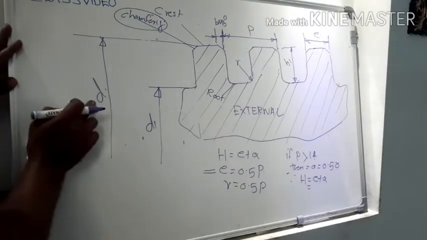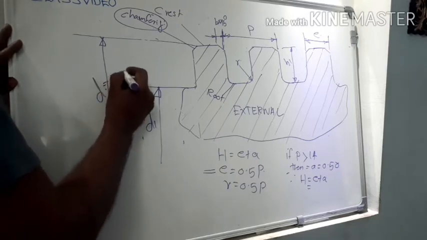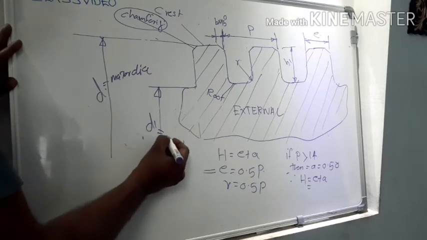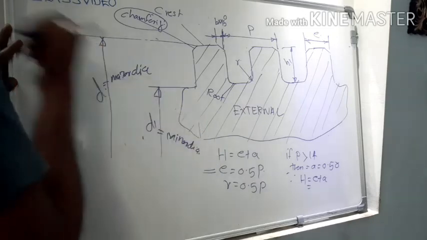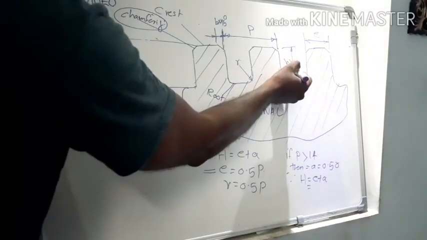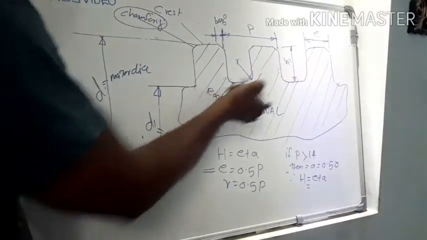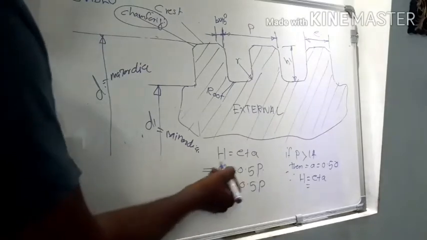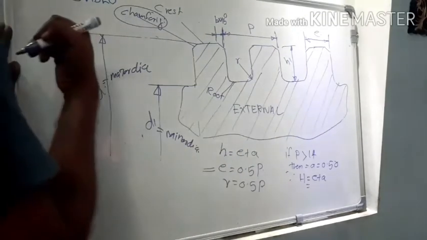So this is D, that is, the major dia, and this is D1, that is, the minor dia. Now this is H1. H1 is the depth of the thread, single side depth of thread. Its value is given by E plus A.